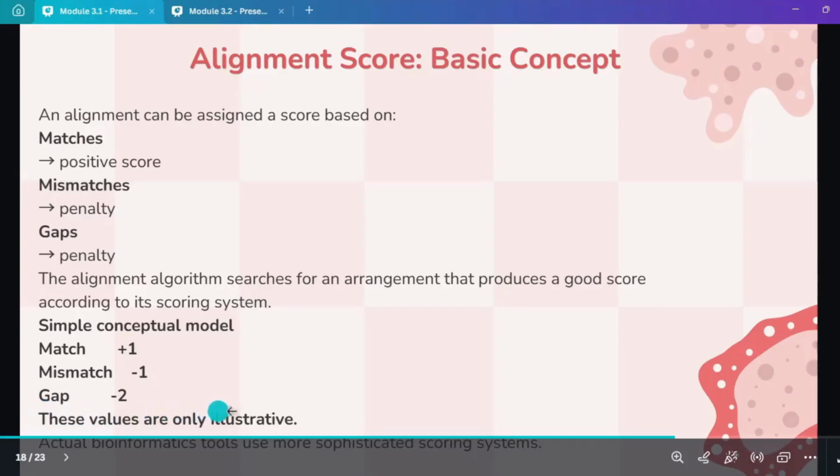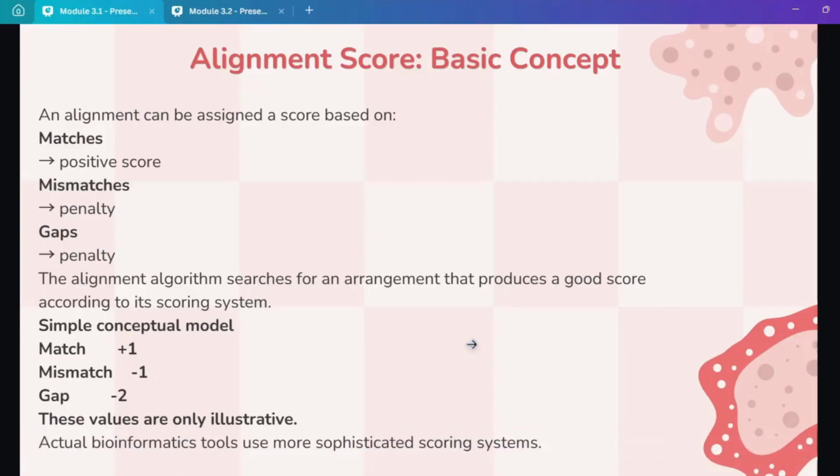These values are only illustrative. Actual bioinformatics tools use more sophisticated scoring systems. They have their own scoring systems, and we will not go too deep into that.